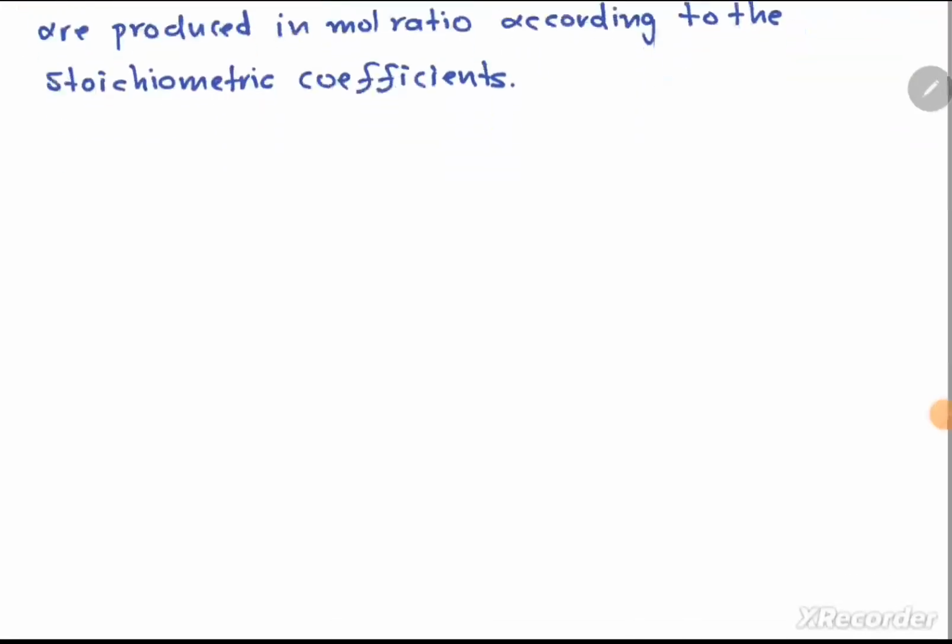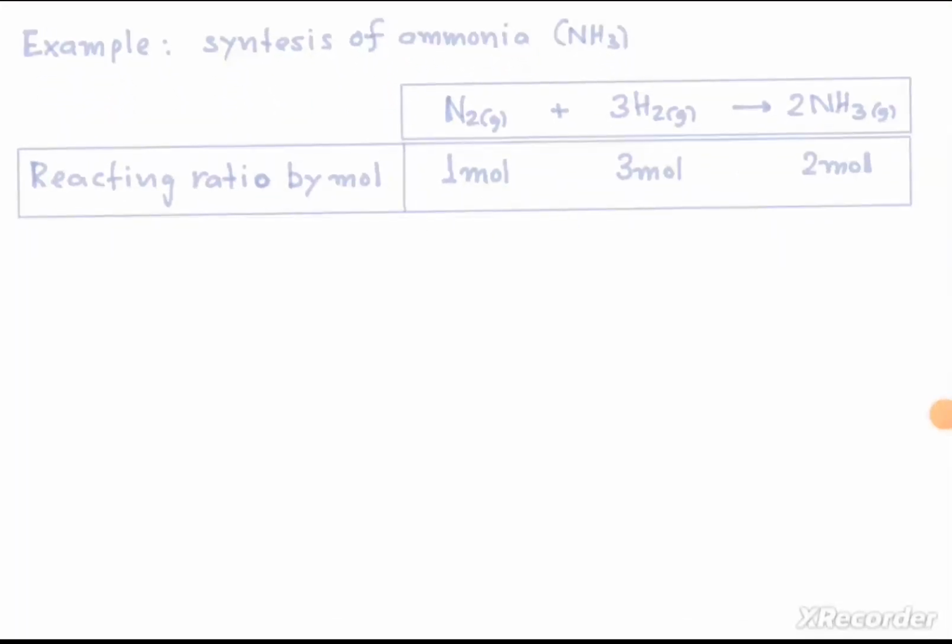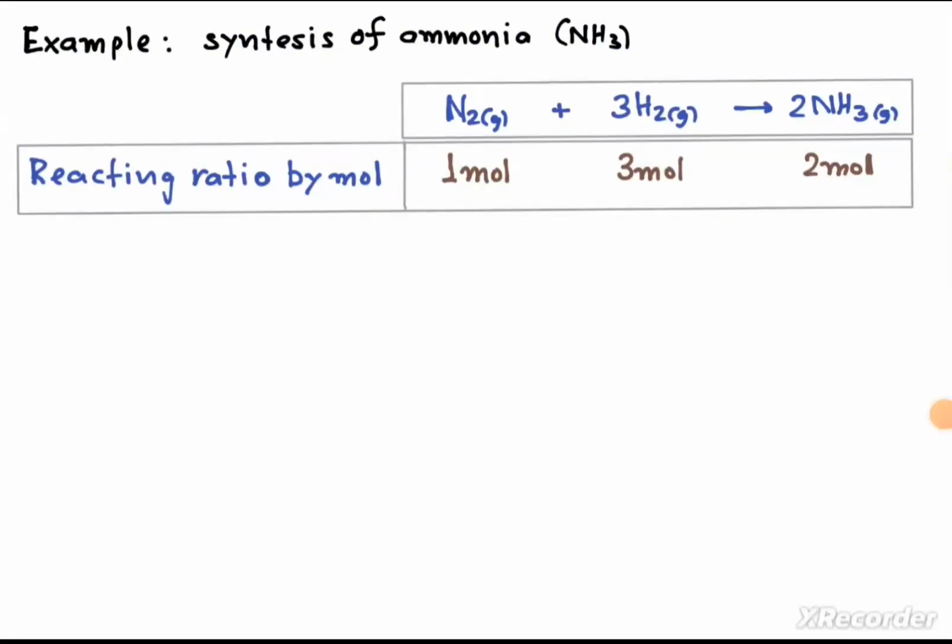Let's see an example. Synthesis of ammonia. The reaction is 1 mole nitrogen and 3 moles hydrogen gives 2 moles ammonia.